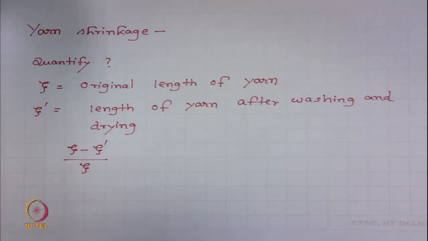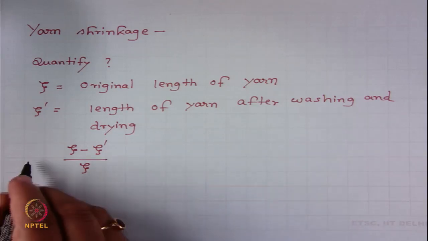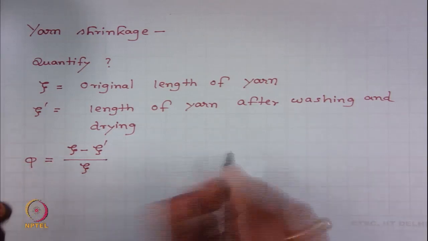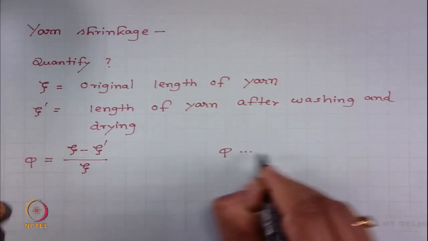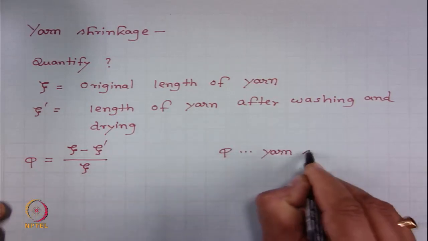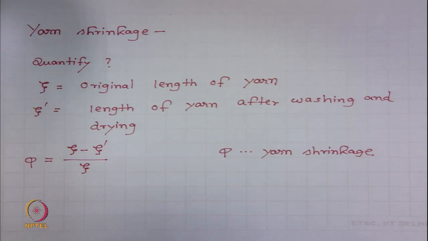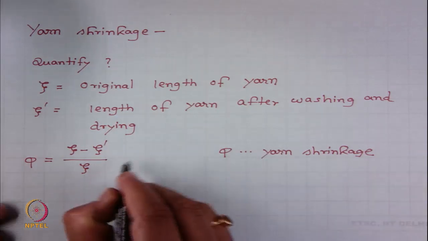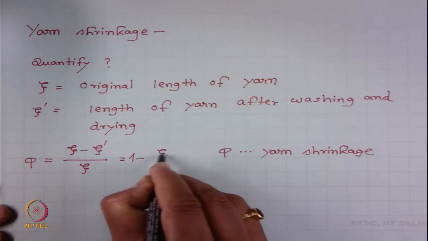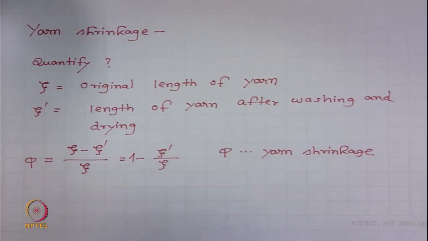This is how we quantify shrinkage. Phi is yarn shrinkage. So, yarn shrinkage is defined by the change in length due to washing divided by original length. We can write this further as this. So, this is how we define yarn shrinkage.